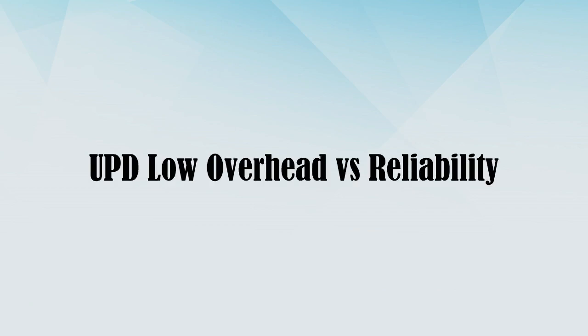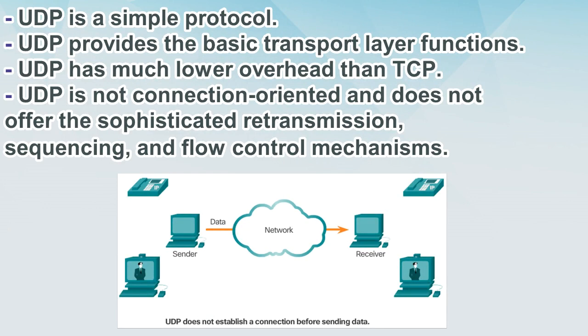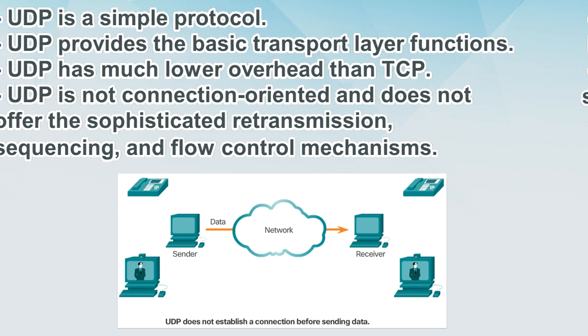Low overhead versus reliability. UDP is a simple protocol. It provides the basic transport layer functions. UDP has much lower overhead than TCP. UDP is not connection-oriented and does not offer the sophisticated retransmission, sequencing, and flow control mechanisms.